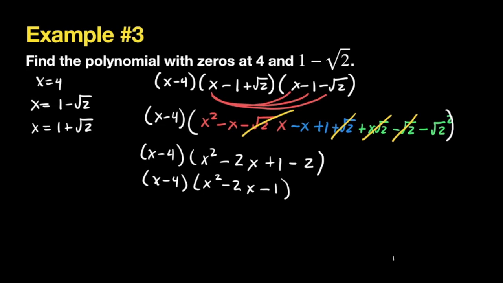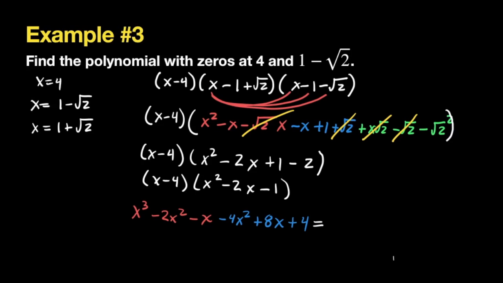And now what we have to do is we're going to distribute everything from our binomial. So when we multiply x, we get x to the third minus 2x to the second minus x, minus 4x to the second plus 8x plus 4.